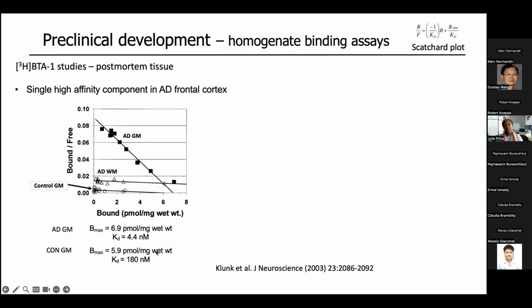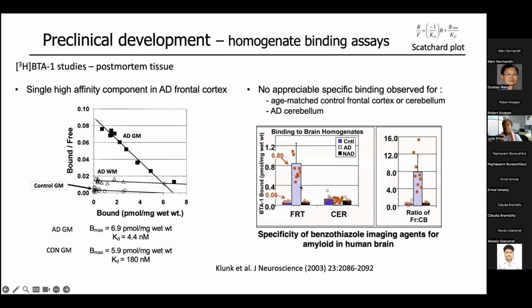And these were early studies, and you can see that refers to a KD of 4.4 nanomolar. The lower the KD, the higher the affinity, and very low affinity for the control gray matter, indicating specificity of the compound for AD. And then looking at brain homogenate studies and trying to think forward about what might be an appropriate reference region, this is an example.